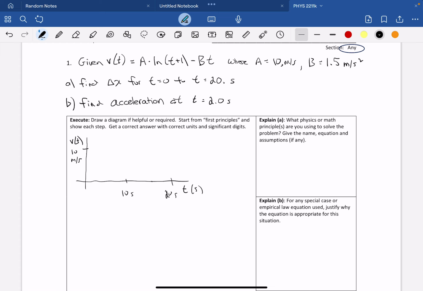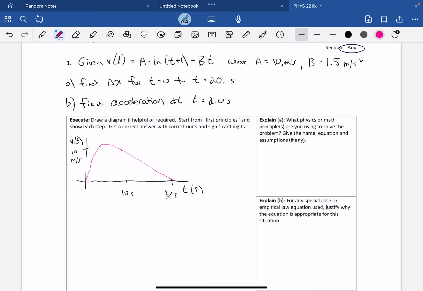So I plug this equation into my graphing calculator, and I find that the velocity looks like a function that starts at 0, goes up to just above 10, and then drops down to right around 0 at 20 seconds.